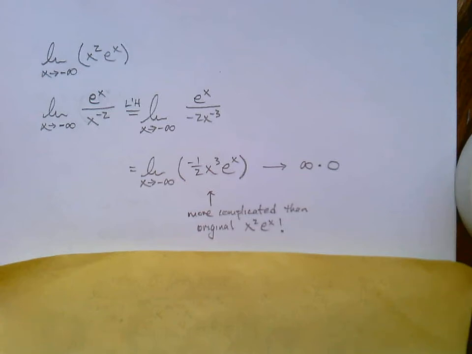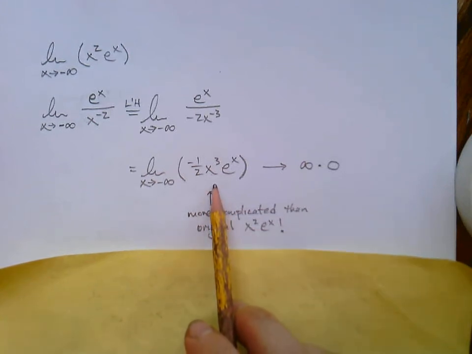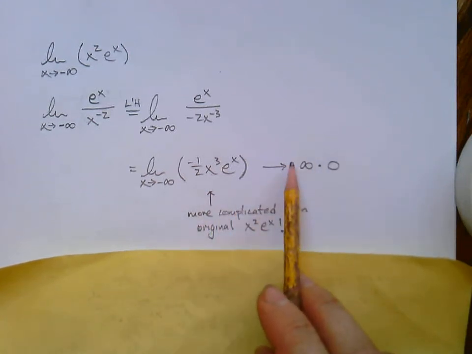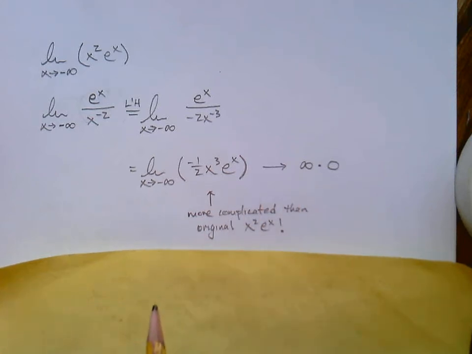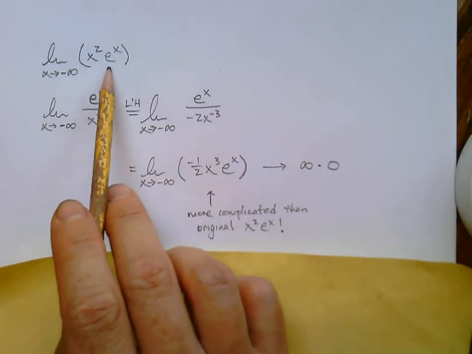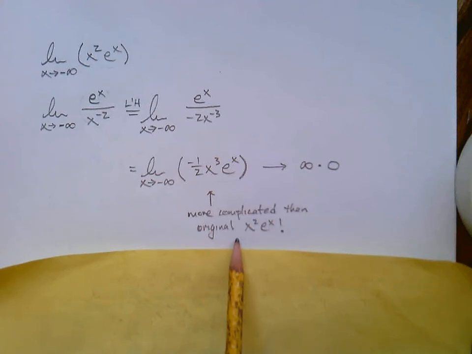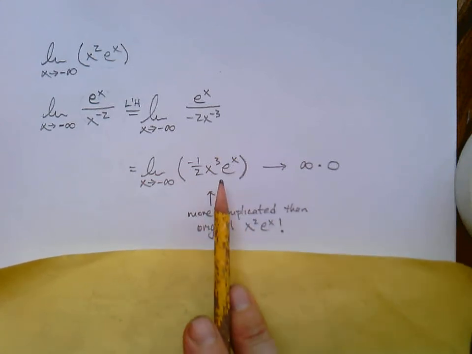So it turns out this was not the correct choice. But actually, it's not so much the correct choice that it was still indeterminate. There's more to it. It's not the correct choice because look at this, what we're looking at here, versus where we were originally. It got more complicated. This is more complicated than the original x squared e to the x.